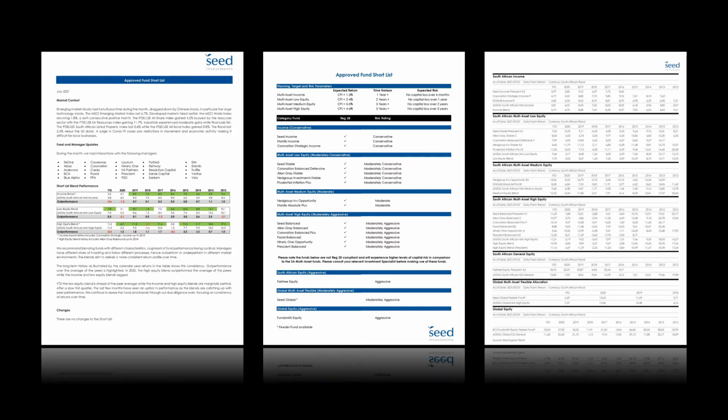In my role as head of research, one of my key outputs is to produce the shortlist on a monthly basis. To understand the shortlist, I think it's firstly important to understand our existence at Seed, what our purpose is, and this is serving clients, creating financial freedom for our clients. We try to optimize growth for all the stakeholders involved in our business, and this includes advisors in growing their practices.